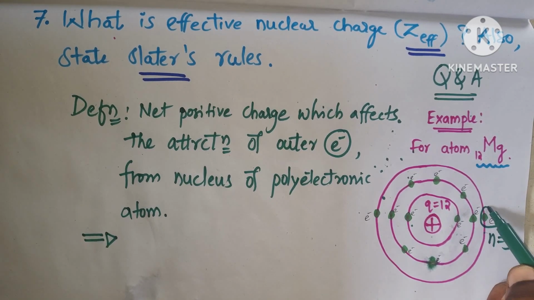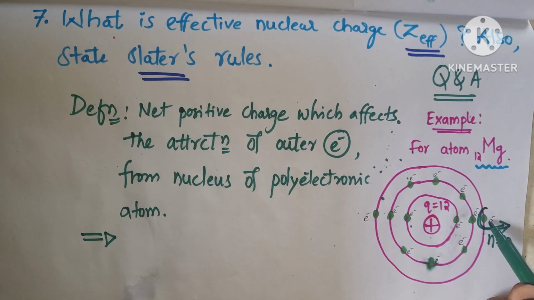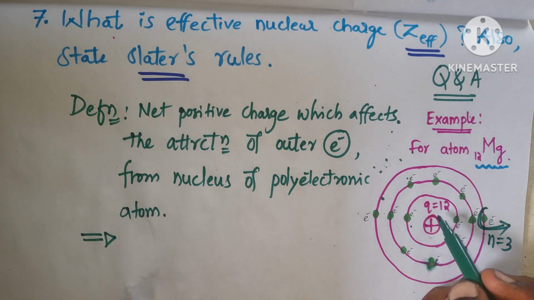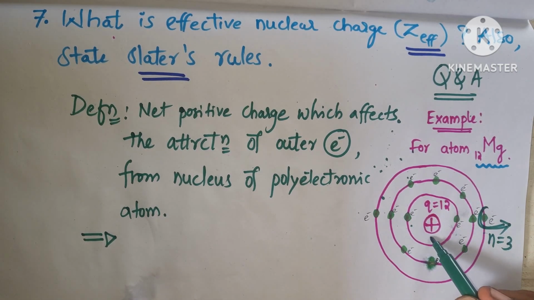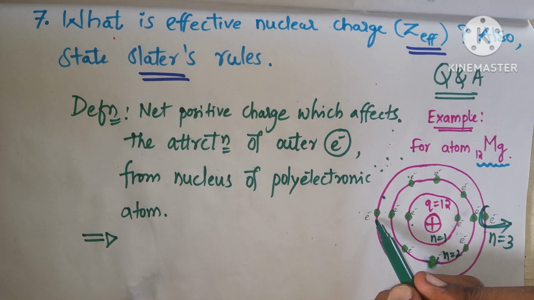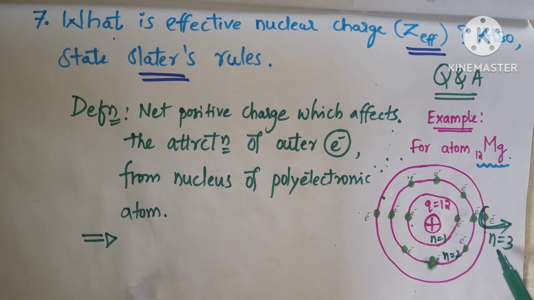Consider this one, where for this particular electron the attraction between the nucleus and this electron is somewhat shielded or covered by the electrons in between, that is at n is equal to 1 and n is equal to 2, and one other electron present along with this electron at n is equal to 3.